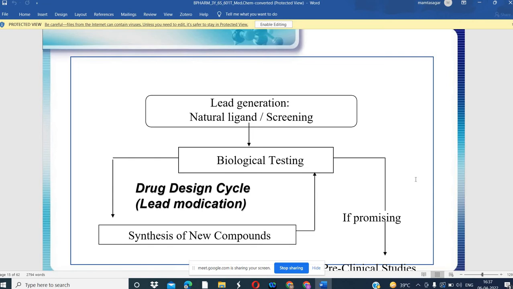Now, what is lead generation? Lead generation means lead. First, we should know what is the lead molecule. Lead molecule is that which is effective against the target molecule, that actually works against the target. What are the targets? Proteins, enzymes of pathogenic bacteria. So lead molecule works against the targets. What are the targets?